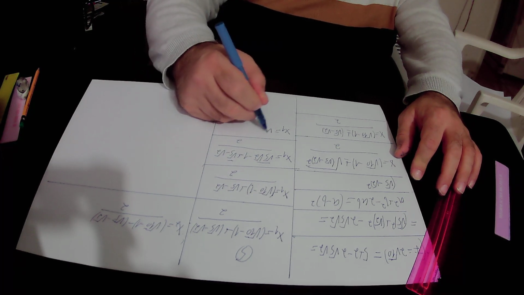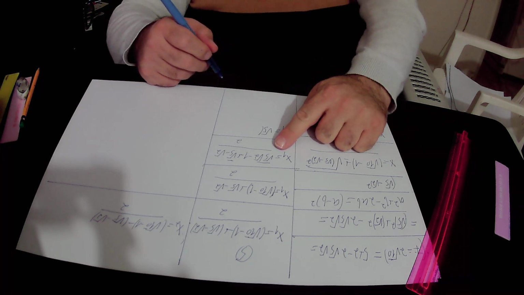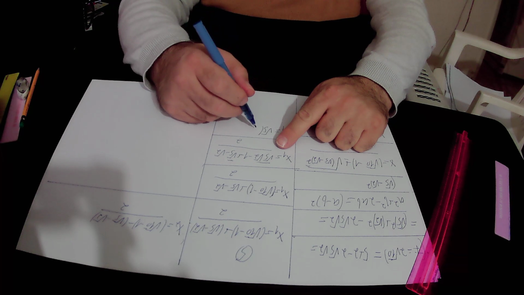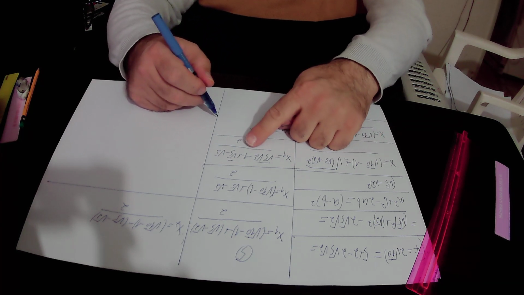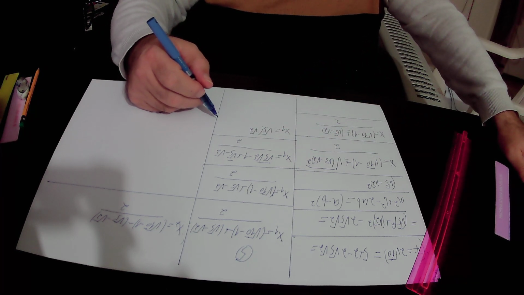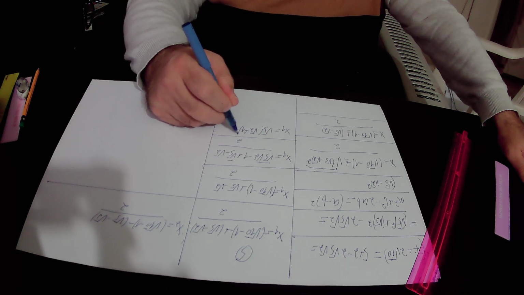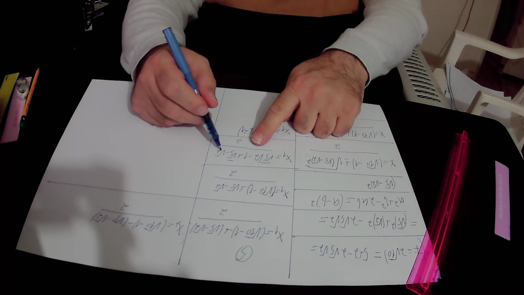What is left from square root of 5 times square root of 2 after we took square root of 5 as a common factor is actually square root of 2. And what is left from square root of 5 is actually 1. And we have also minus 1 minus square root of 2.